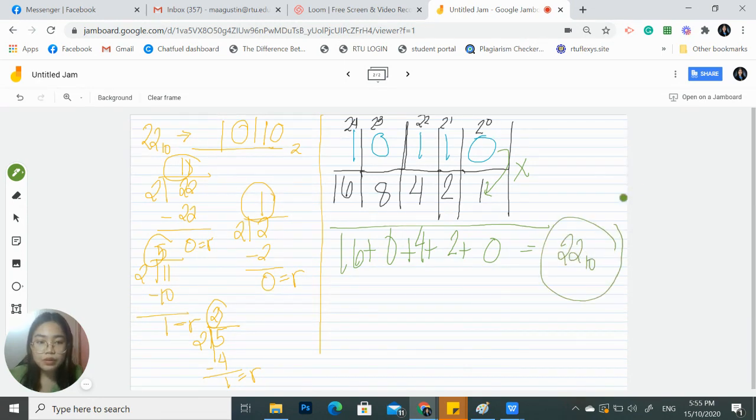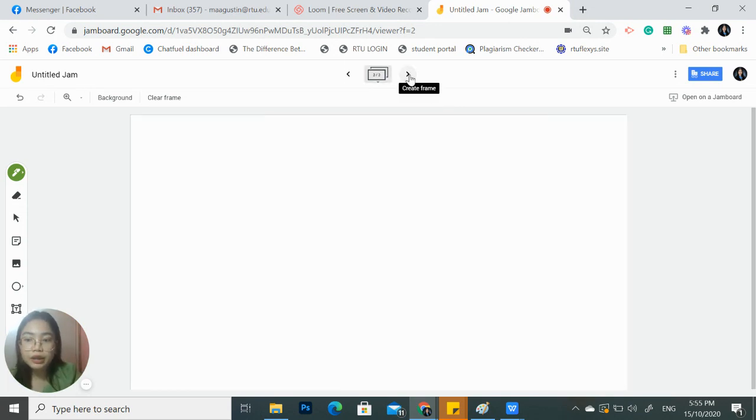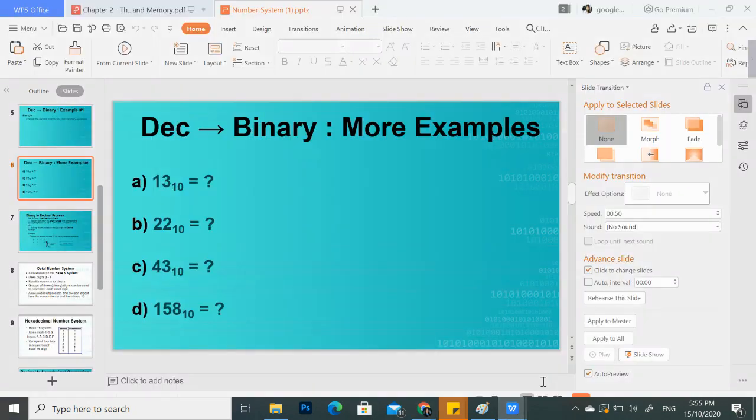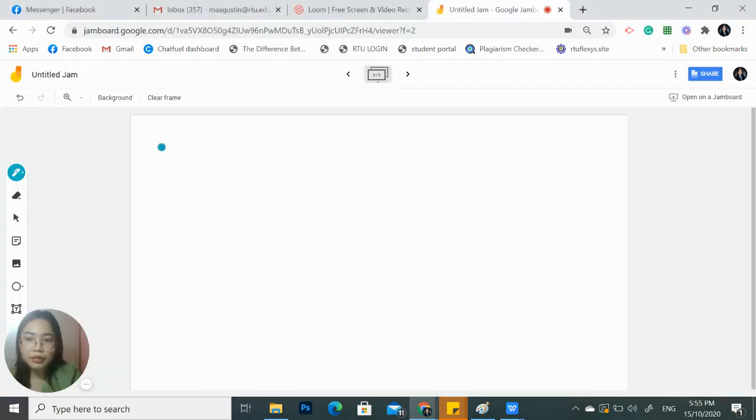Okay, so we are correct. Let's move on with another example so we can understand better. Our next example here is 43 base 10.